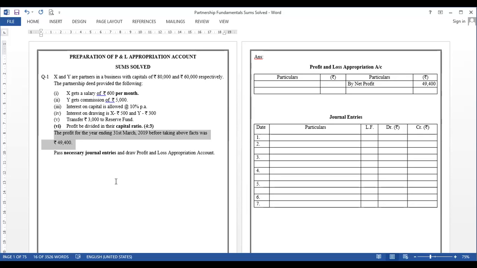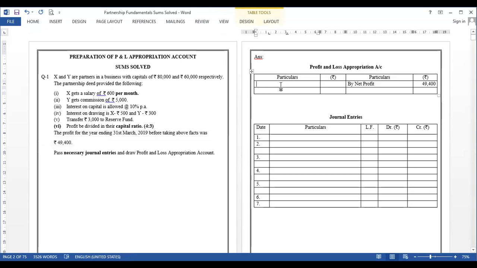Where will we write it? On the debit side. So let me write on the debit side to X's salary. What amount will come? Yes sir, 12 into 600, 7,200. That's correct.